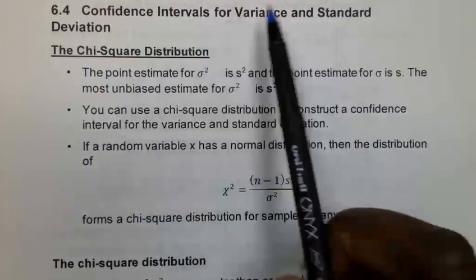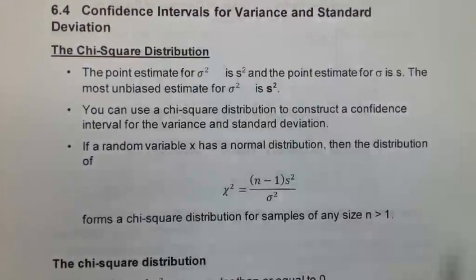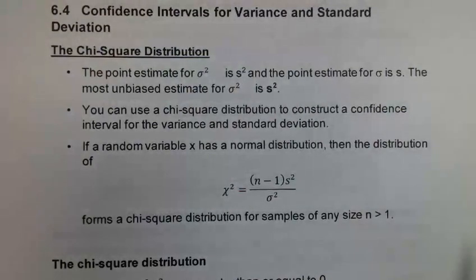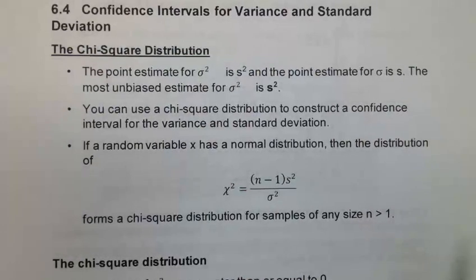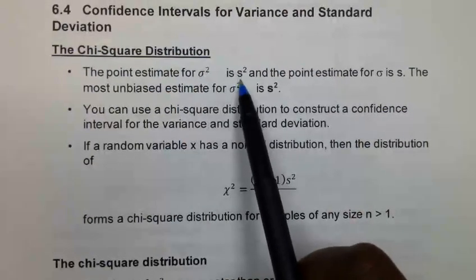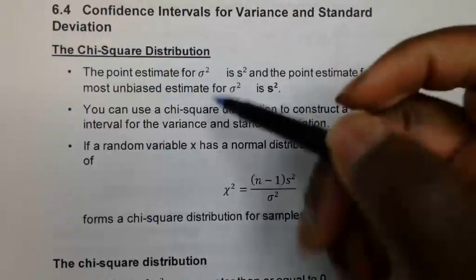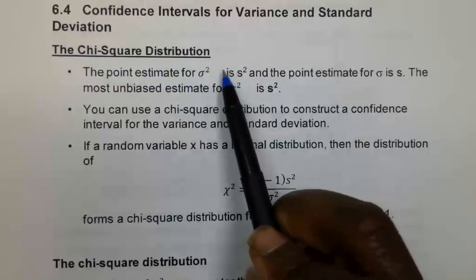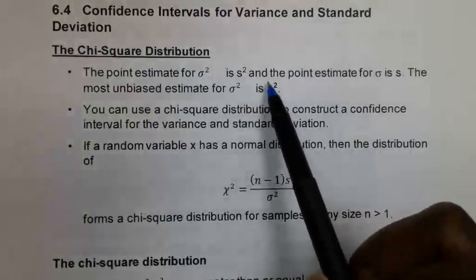All right, 6.4, confidence intervals for variance and standard deviation. So the chi-square distribution: the point estimate for population variance is sample variance. The editing threw this off a little bit, so please excuse the spaces.